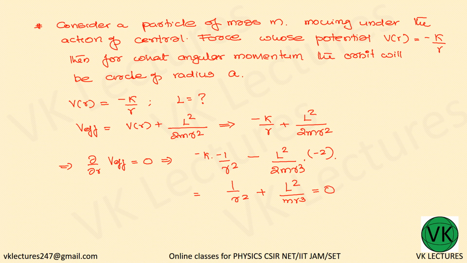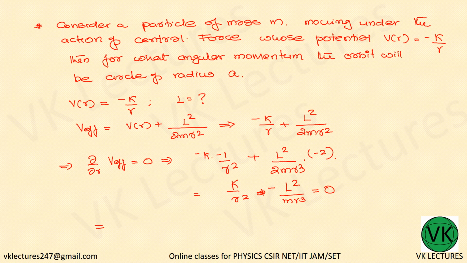Now this gives us k by r square, and the r square gets cancelled.